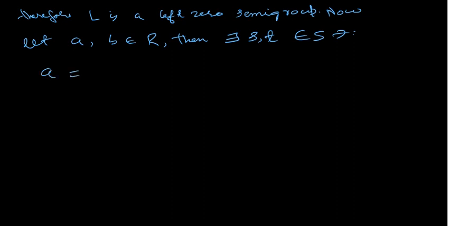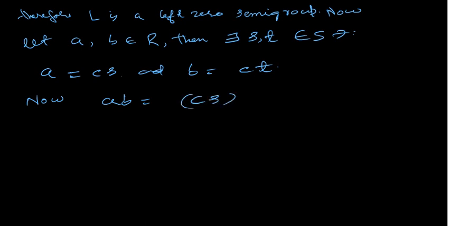R is equal to CS. So A is equal to CS, and B is equal to CT. Now AB is equal to CS into CT.